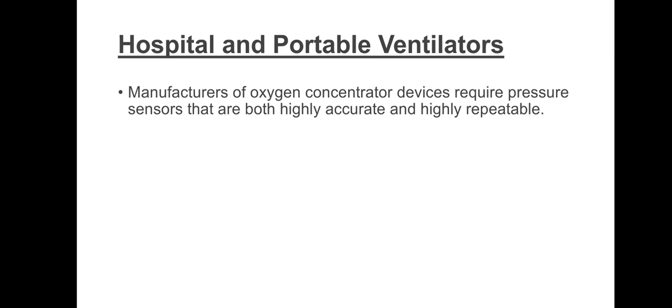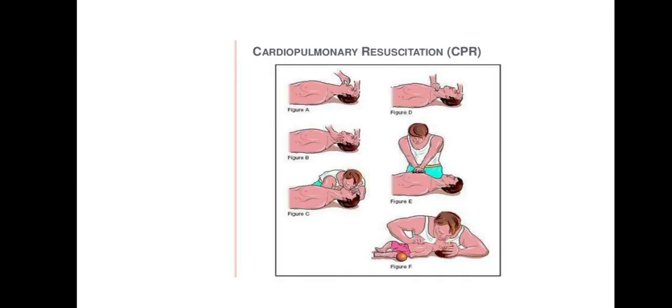Hospital and portable ventilators, the manufacturers of oxygen concentrator devices require pressure sensors that are both highly accurate and highly repeatable. CPR, that is the pressure we are giving. If any person has some problem in the heart, we give CPR so that his or her heart works properly.